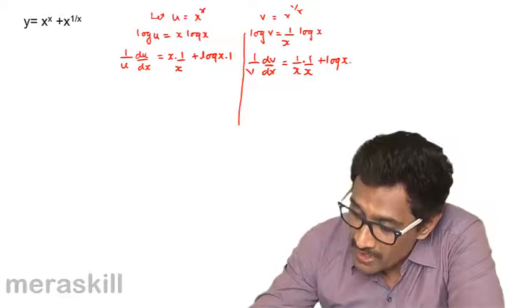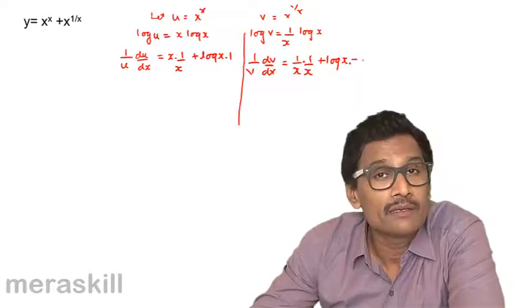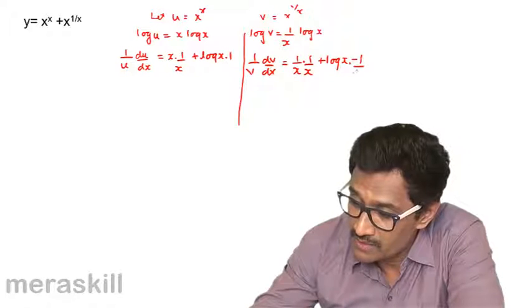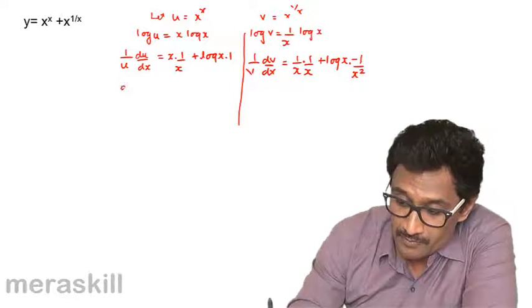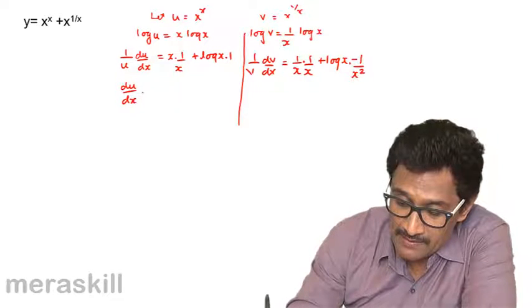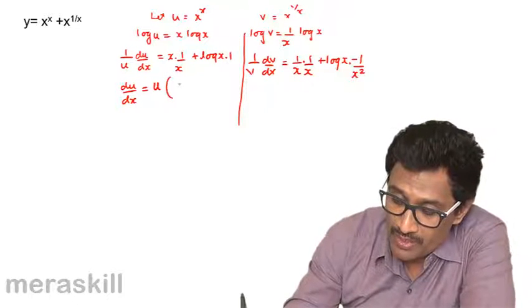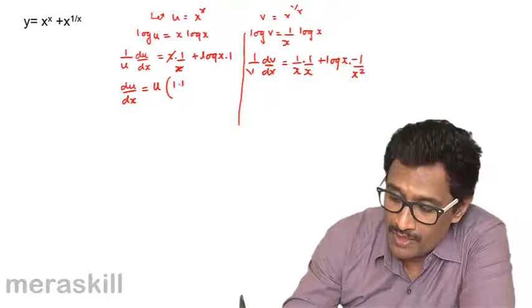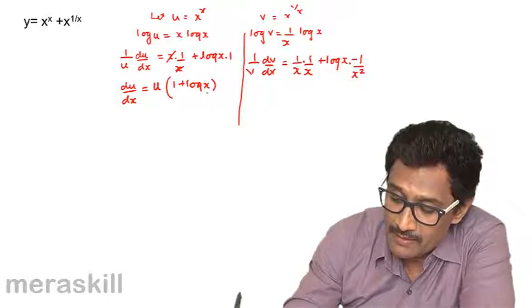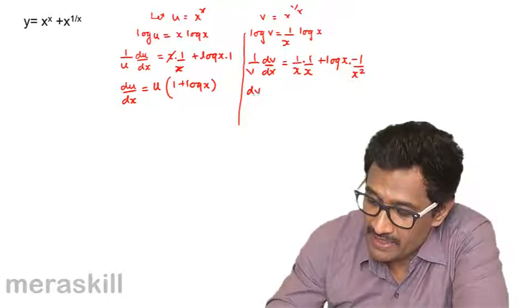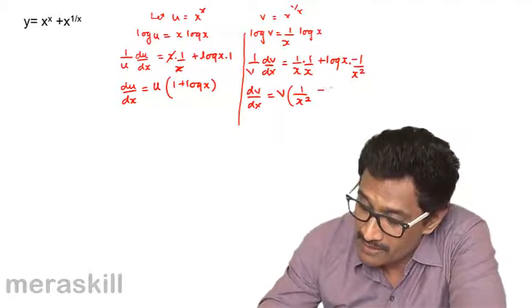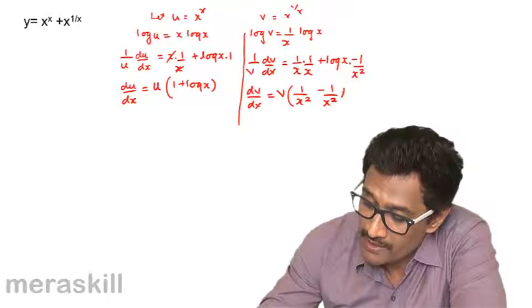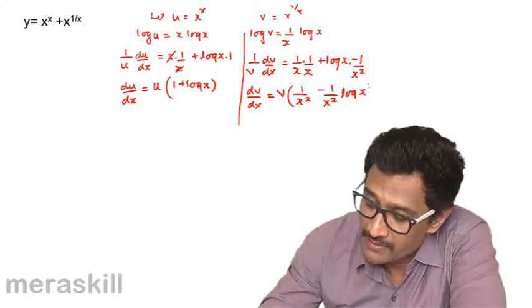So it's going to be minus 1 into x raised to minus 2, that is minus 1 by x square. Therefore, du by dx would be u into 1 plus log x, and dv by dx would be v into 1 by x square minus 1 by x square log x.